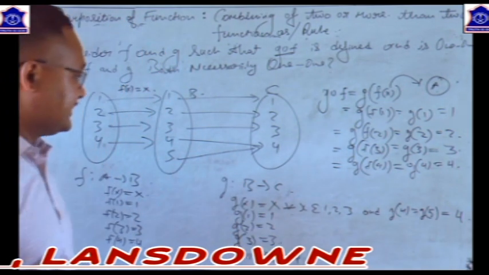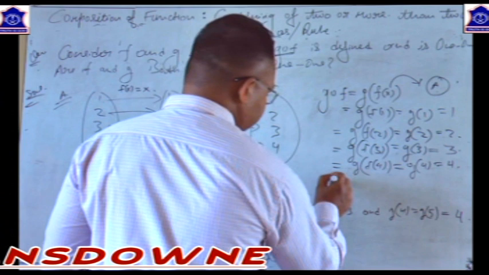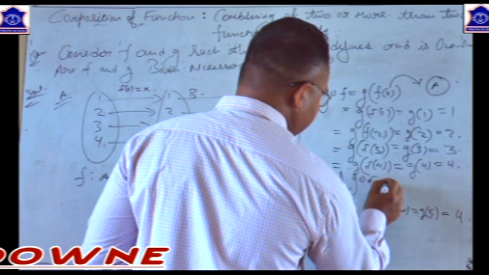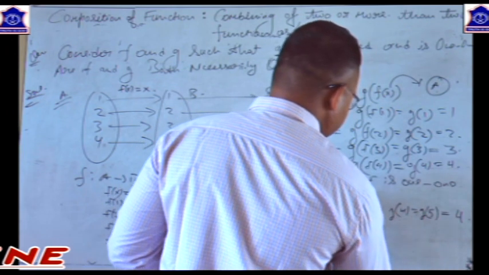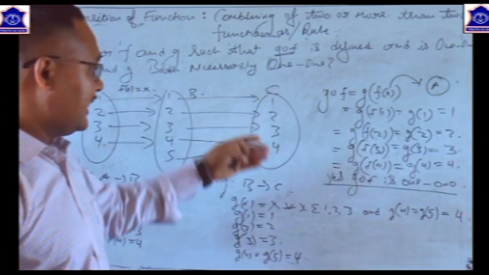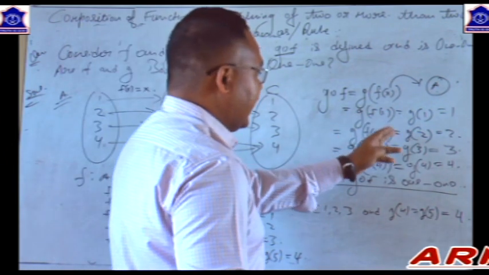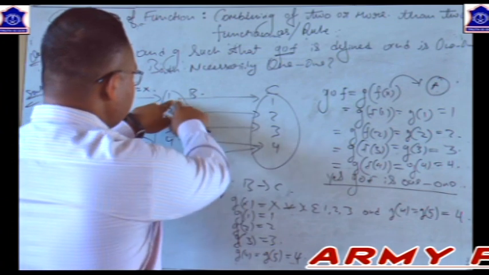So here we can see easily that yes, gof is 1-1. यहाँ पे gof जो है 1-1 है. Easily आप देख सकते हैं g of f(1), g is operating on f(1) और f(1) का जो इमेज है 1, ठीक है, और g of 1 जो है वो 1 है.